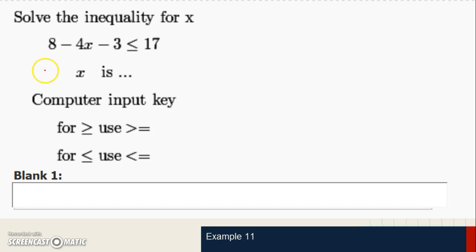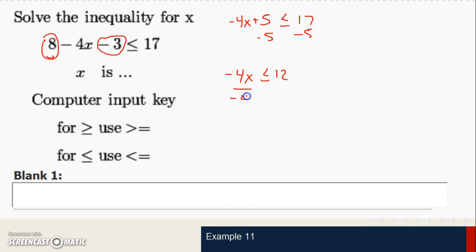Example 11, multi-step. I have 8 minus 3, which is 5. I have my negative 4 still, negative 4x plus 5 is less than or equal to 17. I subtract 5, and I have negative 4x is less than or equal to 12. I divide by negative 4.